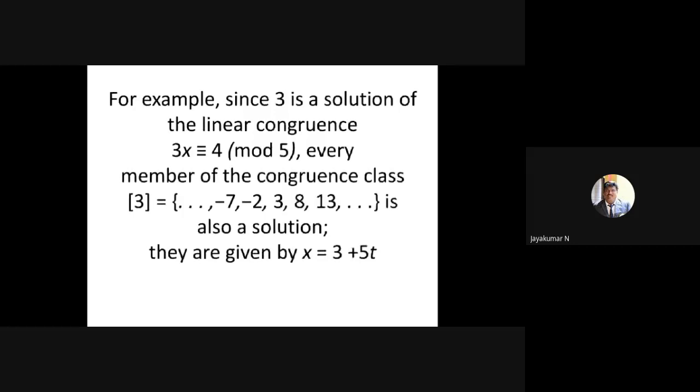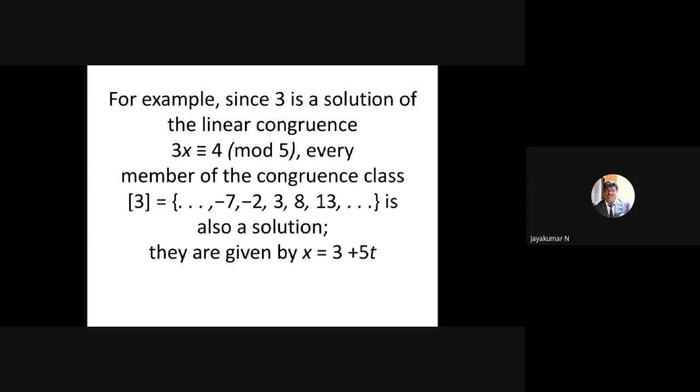So is it correct? x equal to 3 is the solution of the given congruence 3x congruent to 4. Not only 3, but also 8. 3 into 8 is 24, and 24 is congruent to 4 mod 5. Then 3 into 13, 39 is congruent to 4 mod 5.